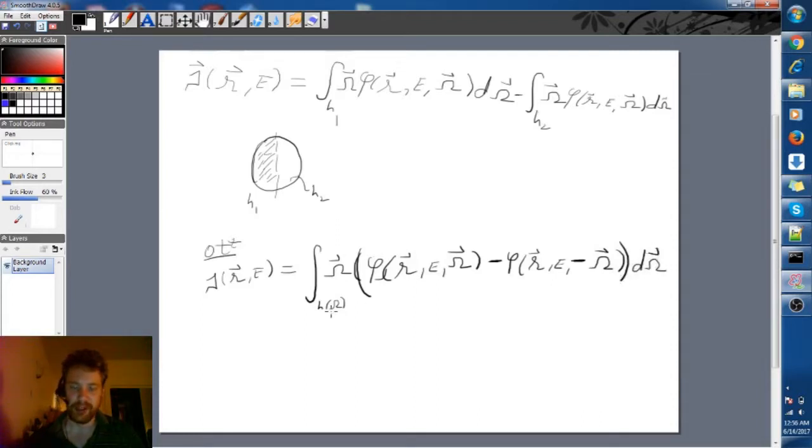And where this H here denotes a single hemisphere.